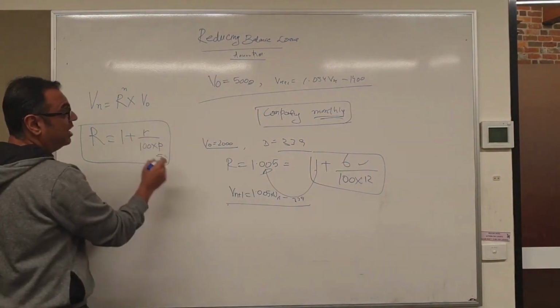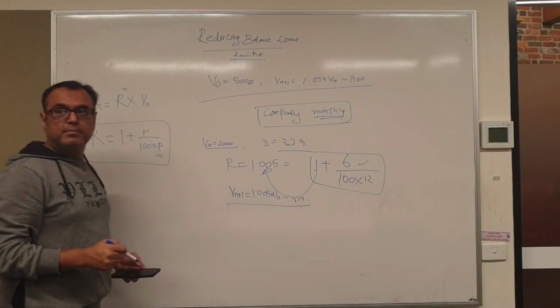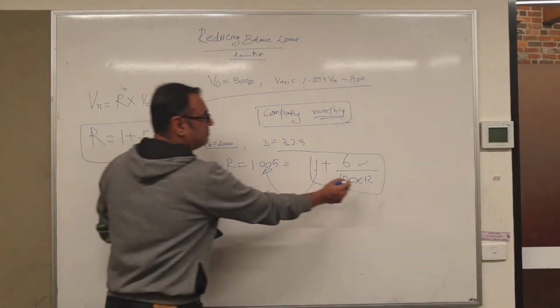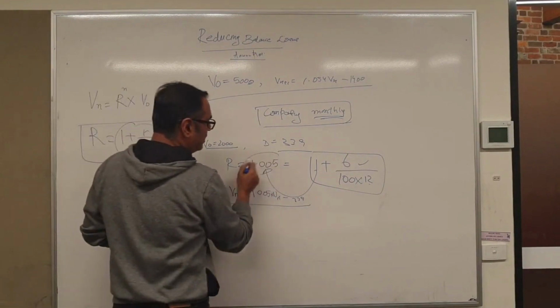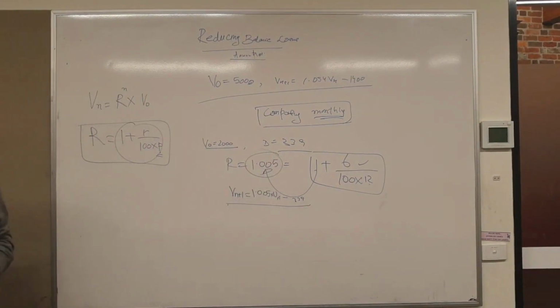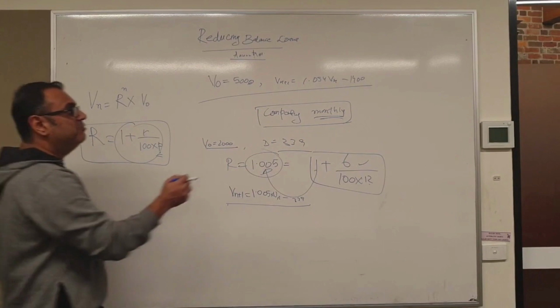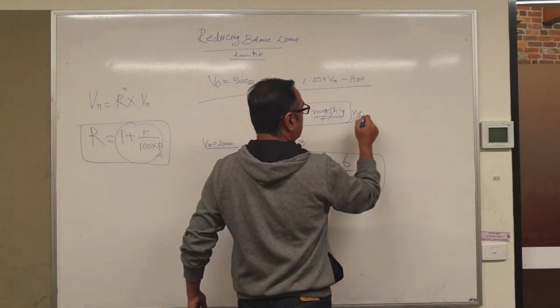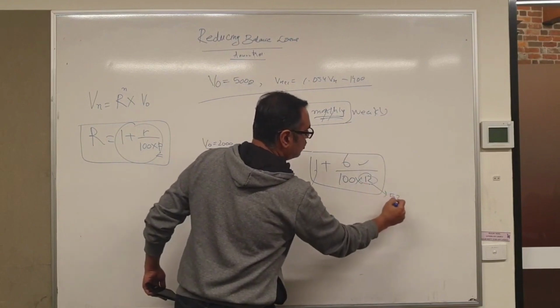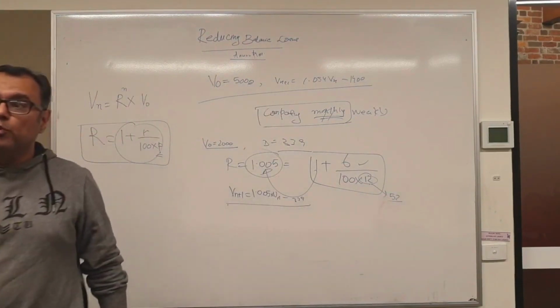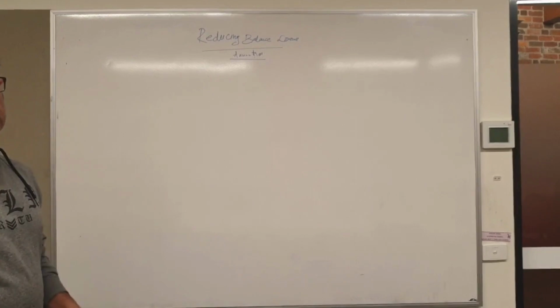And your rate of interest is given to be 6. P is 12. And rest is the same. So you solve it, you get this value. If this would have been compounded weekly, then this would have been replaced by 52 because there are 52 weeks in a year.